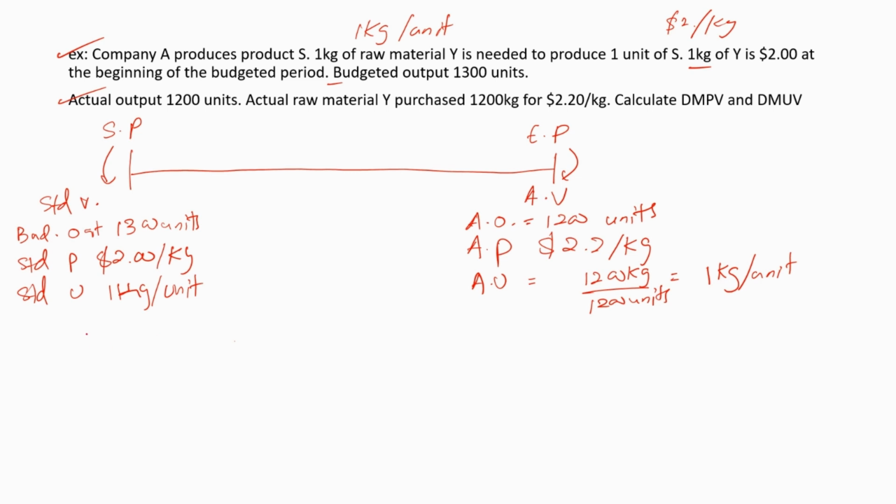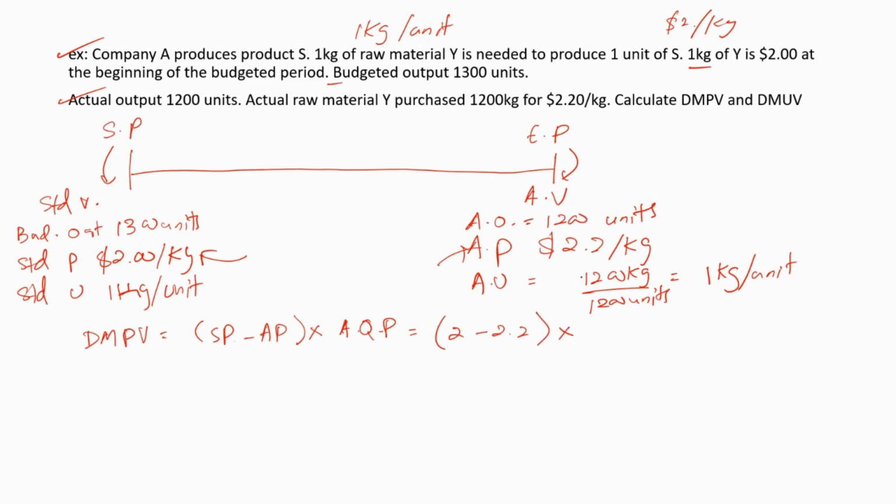Now we can calculate the variances. So direct material price variance is equal to standard price minus actual price multiplied by actual quantity purchased. So the standard price, which is this value, $2 per kilogram minus actual price, which is this value, $2.2 per kilogram.